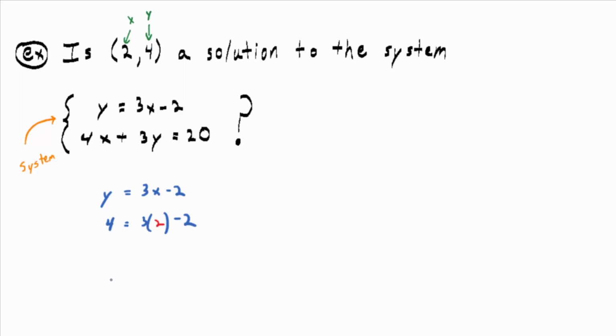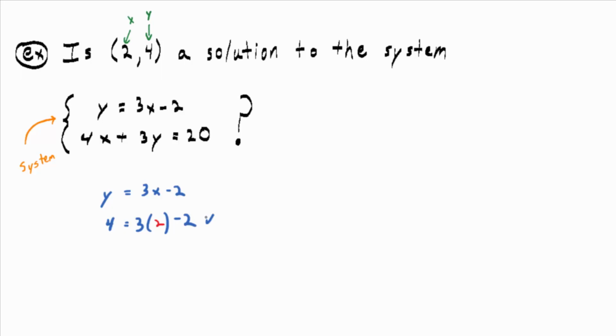So what I did was I plugged in 2 for x and 4 for y. Is that going to be a true statement? It's supposed to be a 3 in front. Make it look more like a 3. Yeah, certainly 4 is equal to 3 times 2 minus 2. 6 minus 2 is 4. Okay. So all that tells us is that (2, 4) is a solution to the first equation.